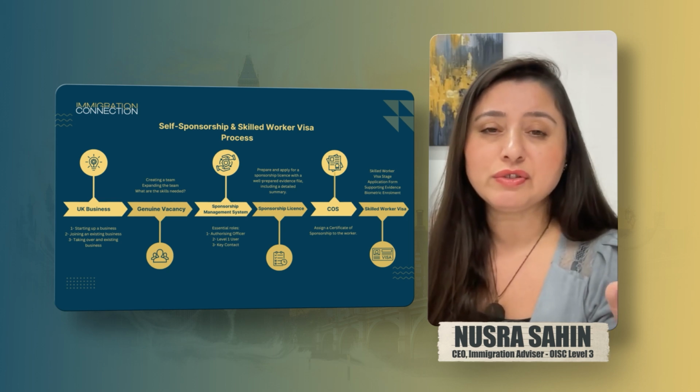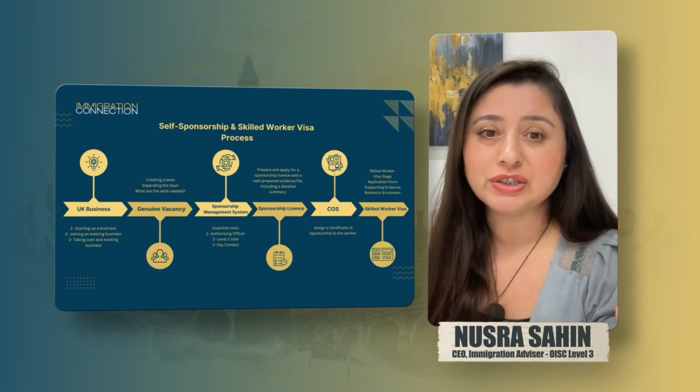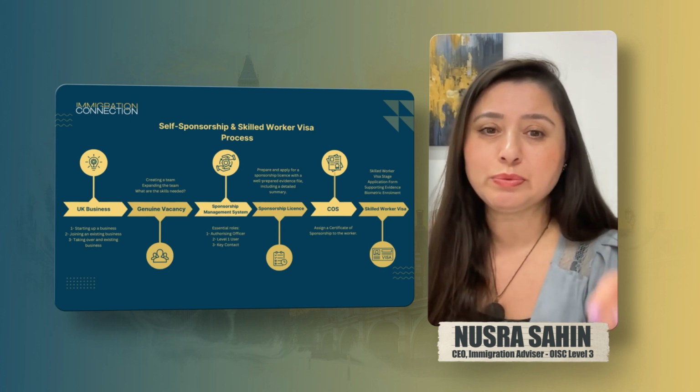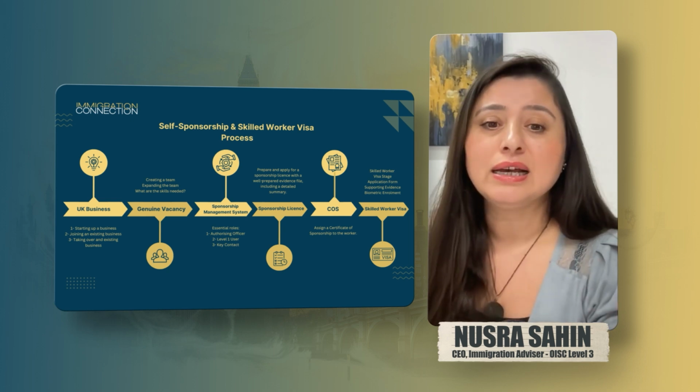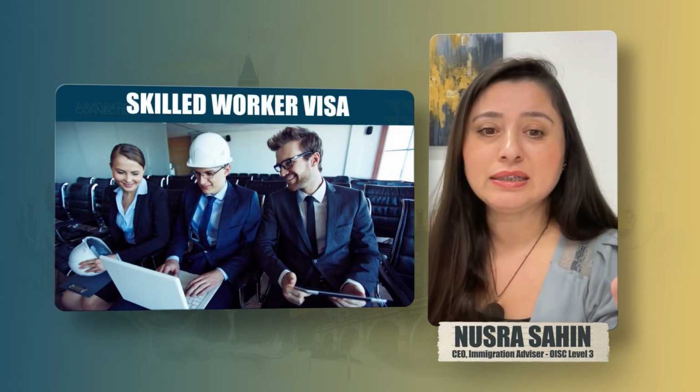So the certificate of sponsorship should be in the right format with the right information, and it should be in line with all the requirements, with the appropriate job, appropriate salary, to the right person, the information is correct, the type of cost is correct.